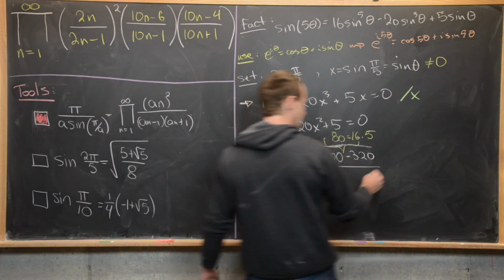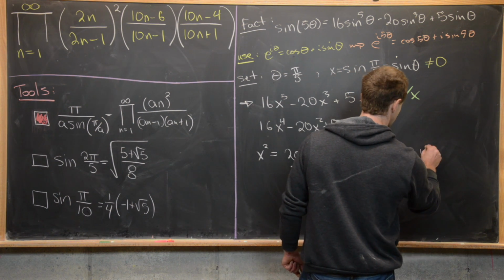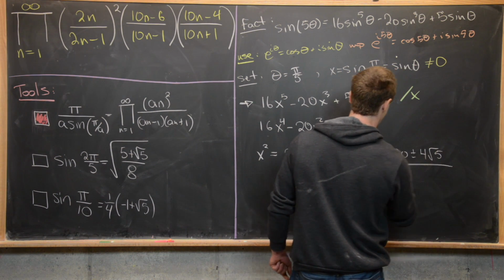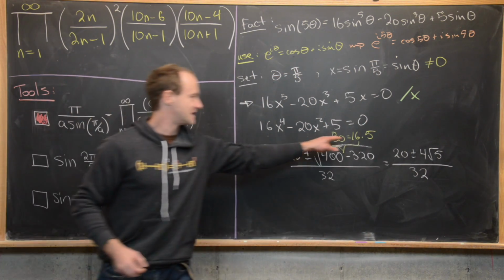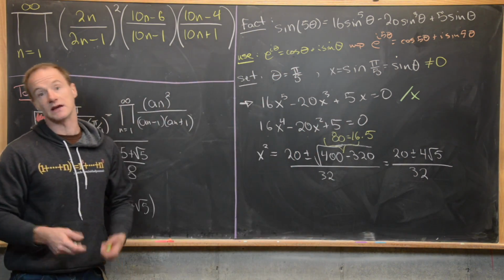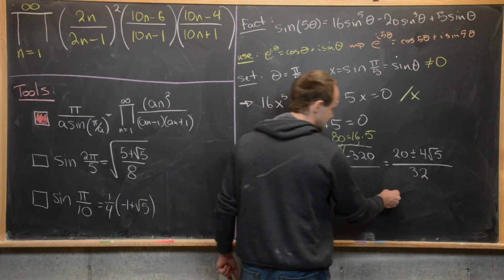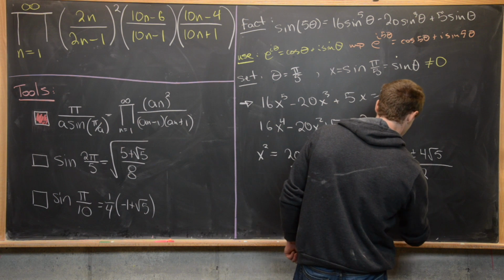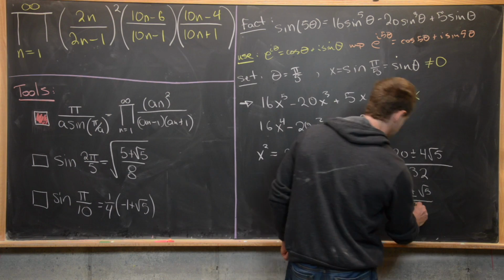So now we can rewrite this as 20 plus minus 4 times the square root of 5 over 32, where I brought this 16 out of the square root by taking its square root. Square root of 16 is 4. Now what I want to do is cancel this as much as I can. I will have 5 plus minus the square root of 5 over 8.